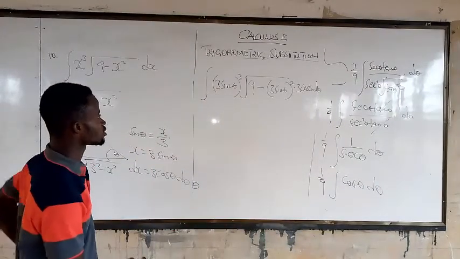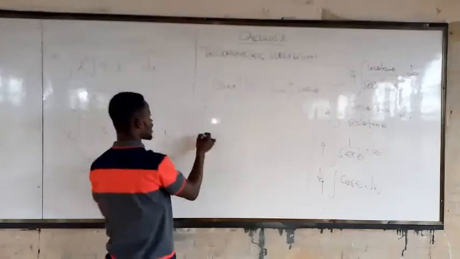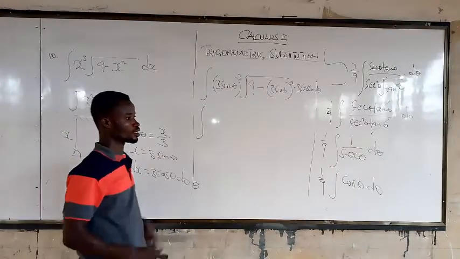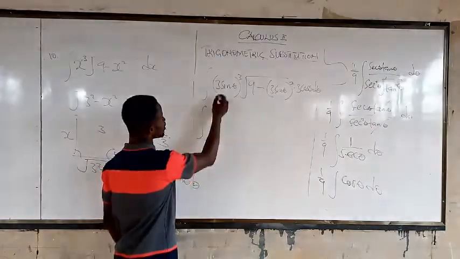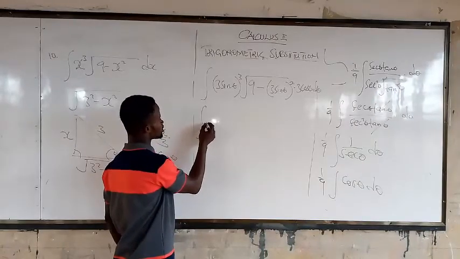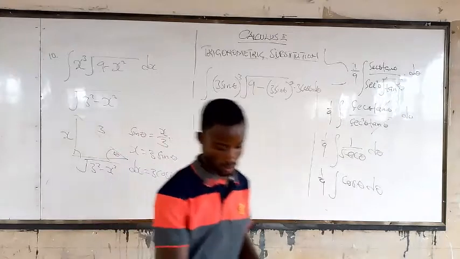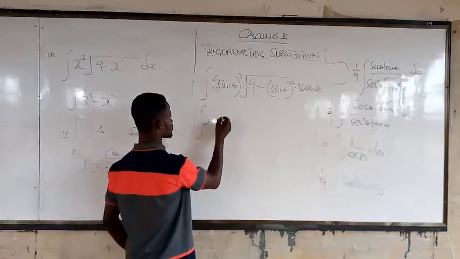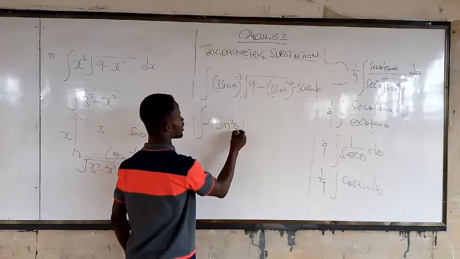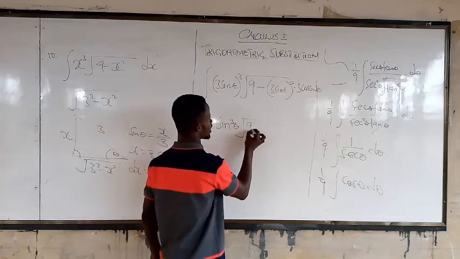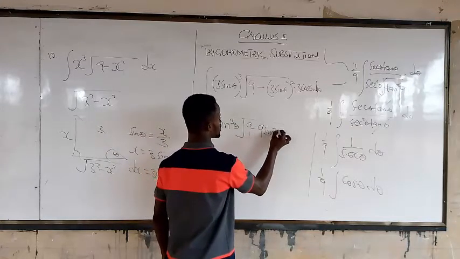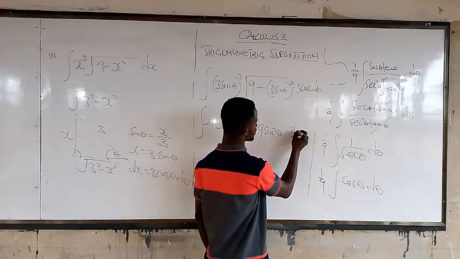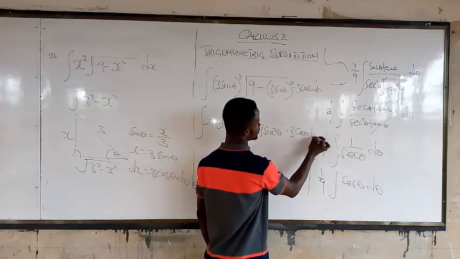So from this, we can now have the integral of 3 to the power 3, which is what? 27, sine to the power 3 theta square root of 9 minus 9 sine square theta times 3 cos theta d theta.